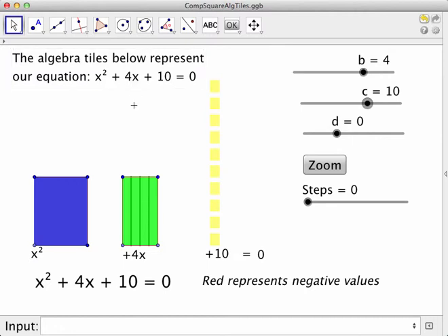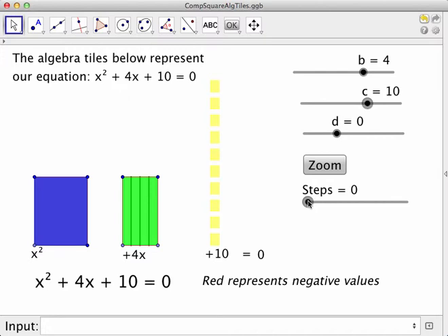So according to our method, the solution is going to be x is equal to -2, which is half of the 4 negated. So x is going to be equal to -2 plus or minus a number equal to, again, half of the 4, that number squared, which gives us 2 squared, or 4, minus 10, which would give us a -6.